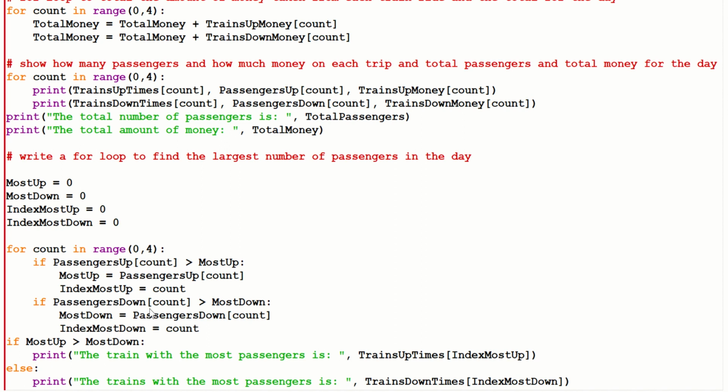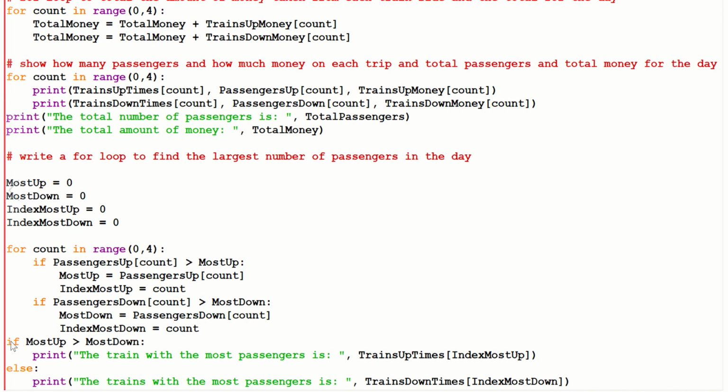And if passengers down is more than most down, it's all the same. And again, but for passengers up in the array position, the second position, not the first. So the second position, which is number 1, if that is more than that, becomes most up, and the count number would be index most up.